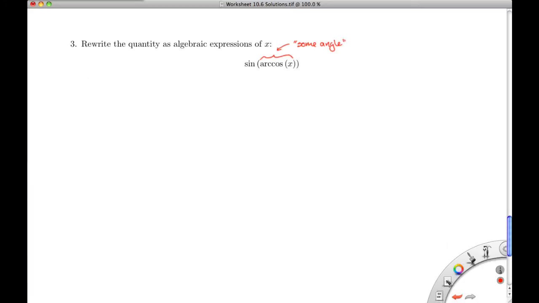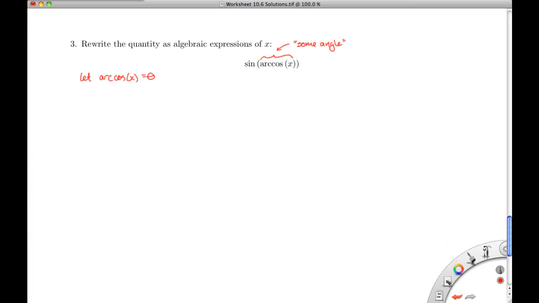So what we're going to do is let the arc cosine of x just be equal to theta. So we're just going to sub that out. We're going to let that equal a random angle theta.